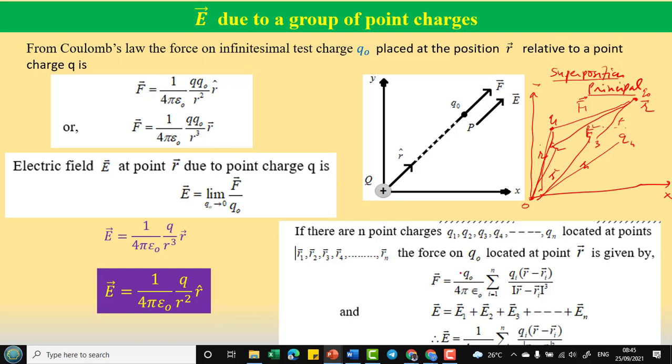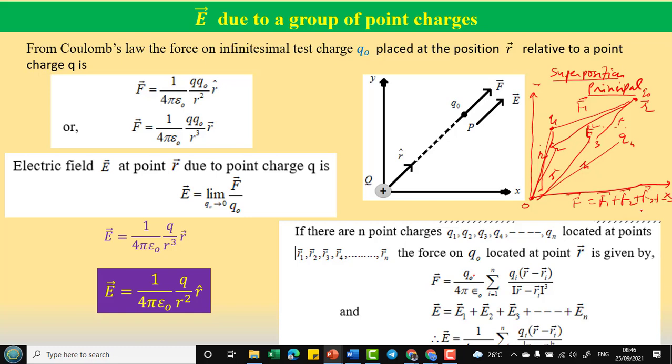So we write that in this way: F is equal to Q naught, this is the force, right? So that force is Q naught over 4 pi epsilon naught summation of all these, as I have already pointed out. That total force will be F1 plus F2 plus F3 and so on, right?